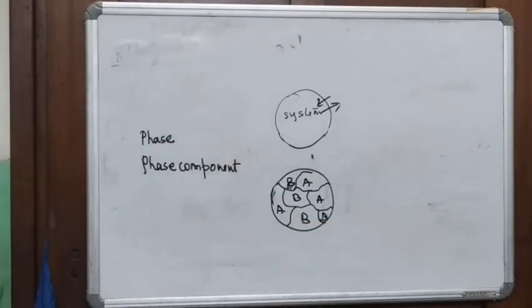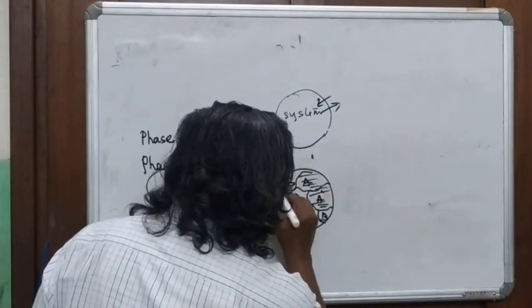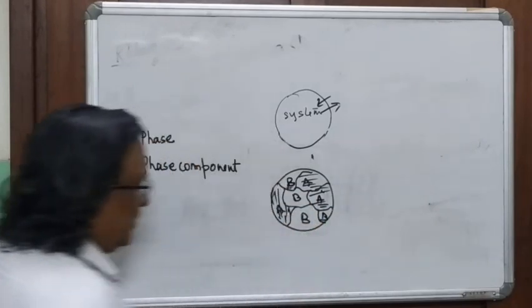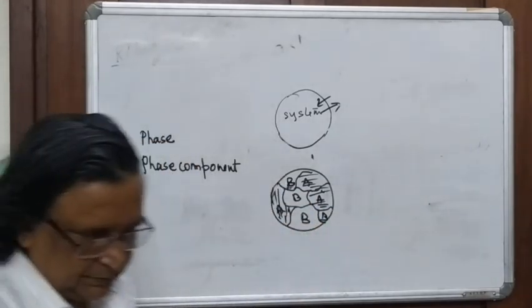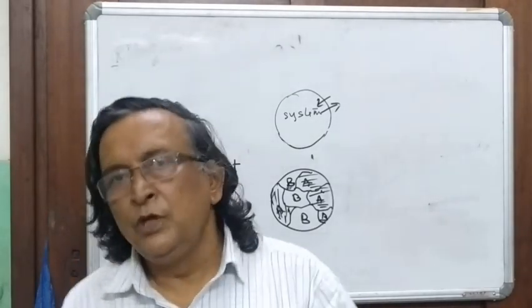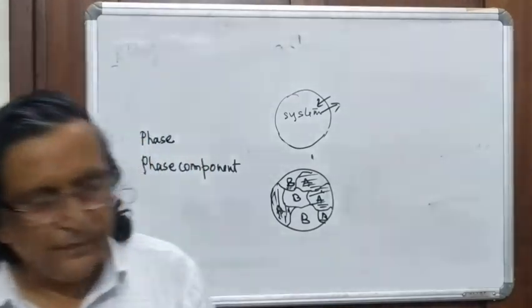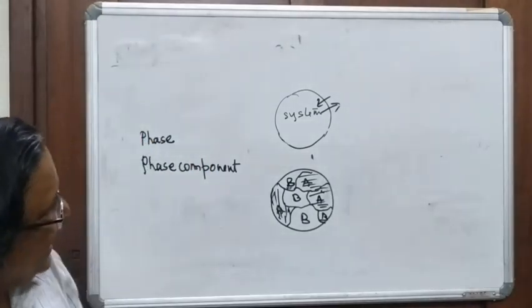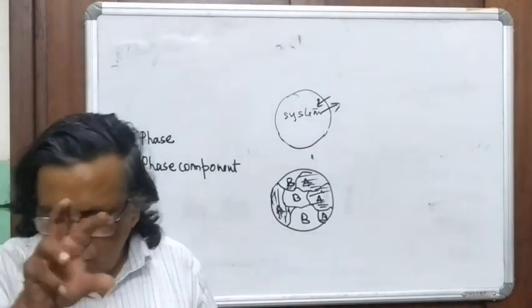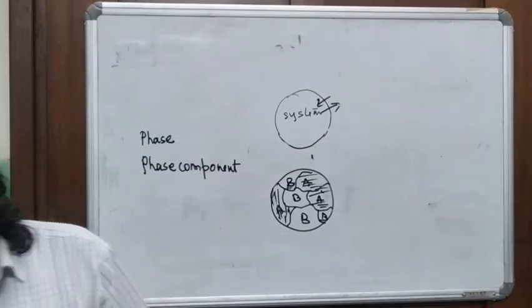Let's say there are two minerals, A and B. This is A and this is B. If you go to a microscope and you look at the rock, you can physically see it. If you know the property of the minerals, you can identify the minerals. That means a system is composed of different minerals. A rock is composed of different minerals.